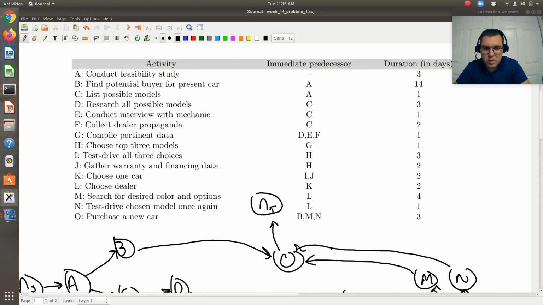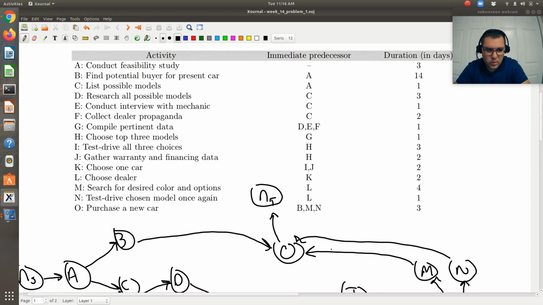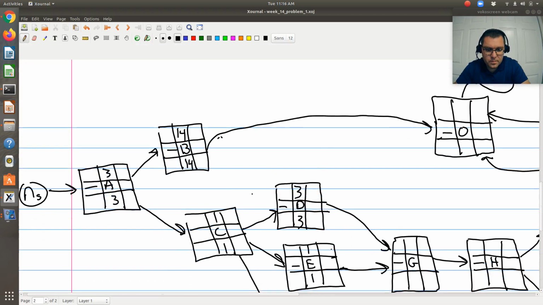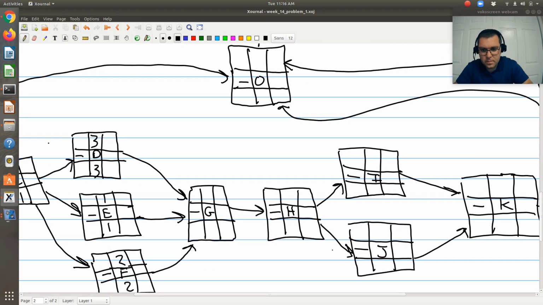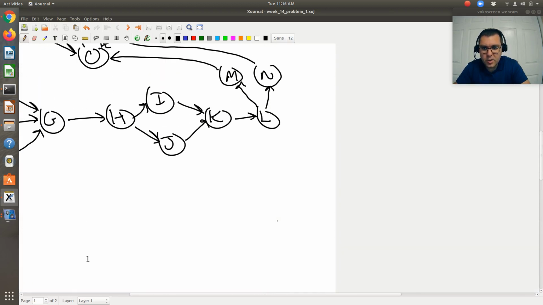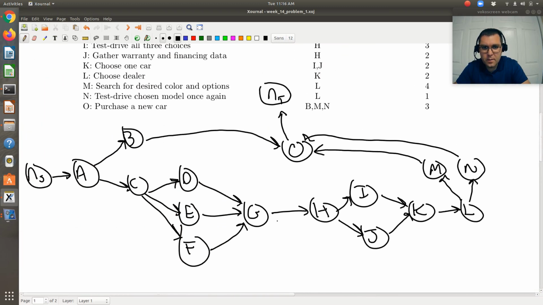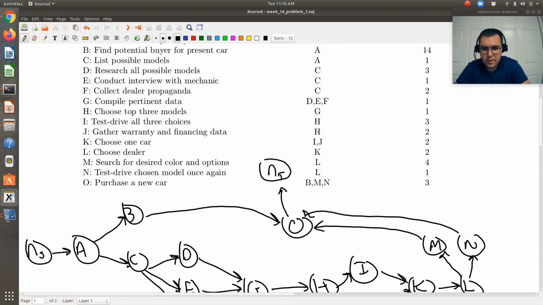Okay, let's get G and H. G and H are 1 and 1. I and J are actually IJK. Let's do IJKL: 3, 2, 2, 2.